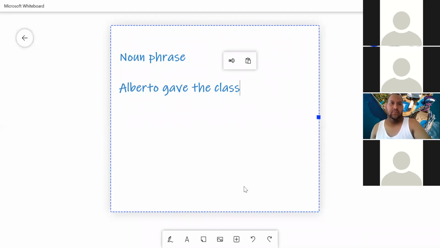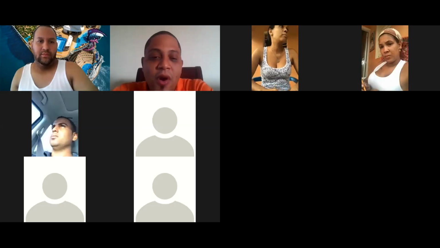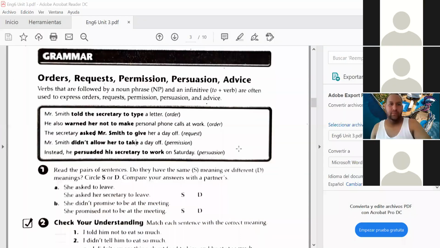And also, this verb that we have in here is not used for any of the purposes, right? So we need to find verbs that express whether order, request, permission, or persuasion. This is what I wanted to explain.